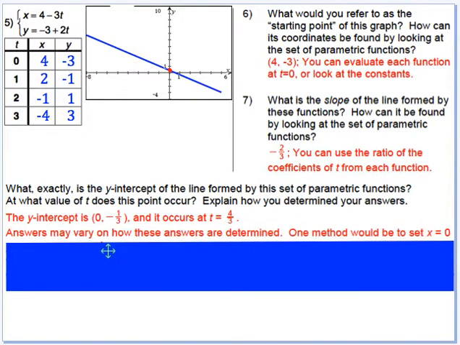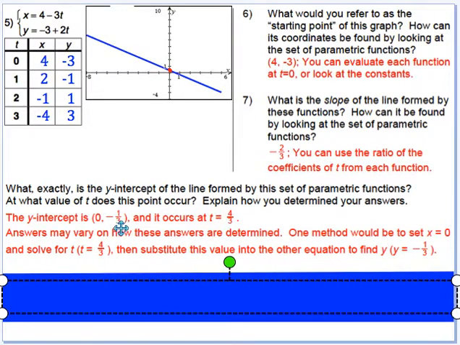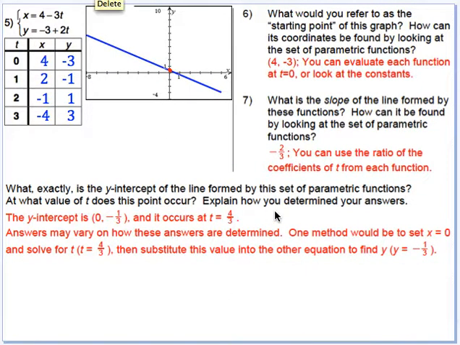I'm not going to do that in my head, but I'll show you the rest of it. We're substituting 4/3 in for t and solving for y, and we end up with -1/3.